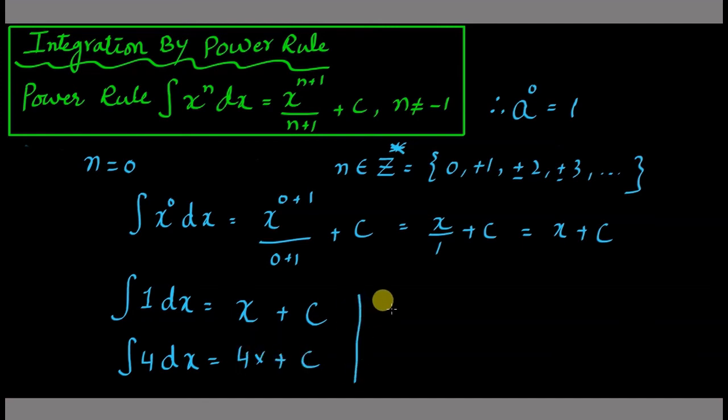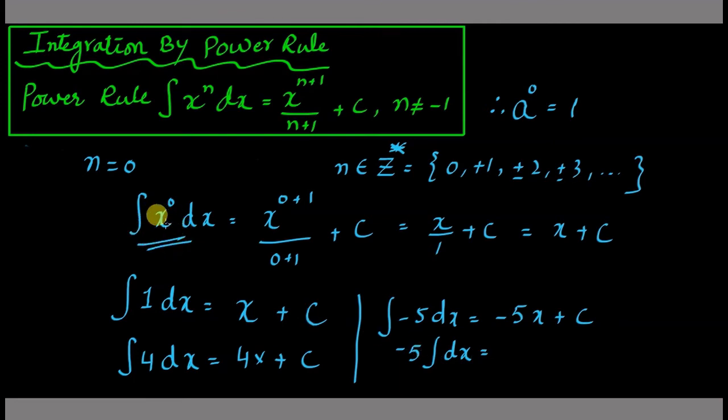If someone says the constant is -5, then what will be the integral? We will say -5x plus c. Actually what we are doing over here is taking -5 common out of the integral, and we are left with dx.